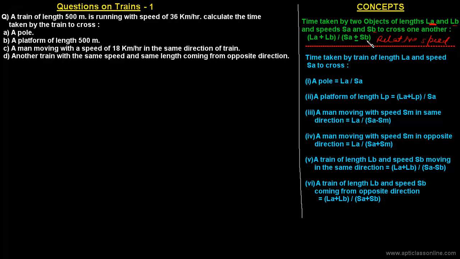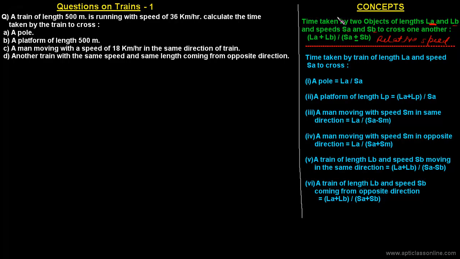If the objects are going in the same direction, then we will apply the negative sign, because in that case the relative speed will be the difference of the speeds of these two objects. But in case the objects are approaching towards each other, that is they are coming from opposite directions, then the relative speed will be SA plus SB. That means the speeds will be combined.